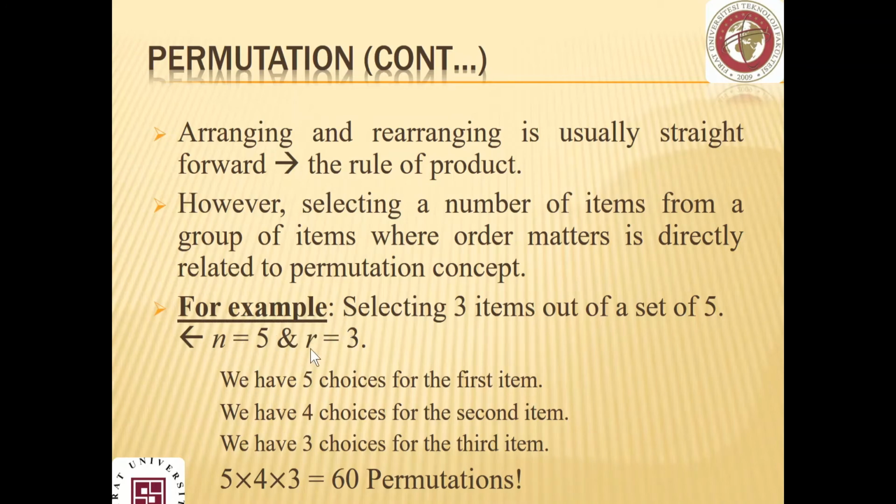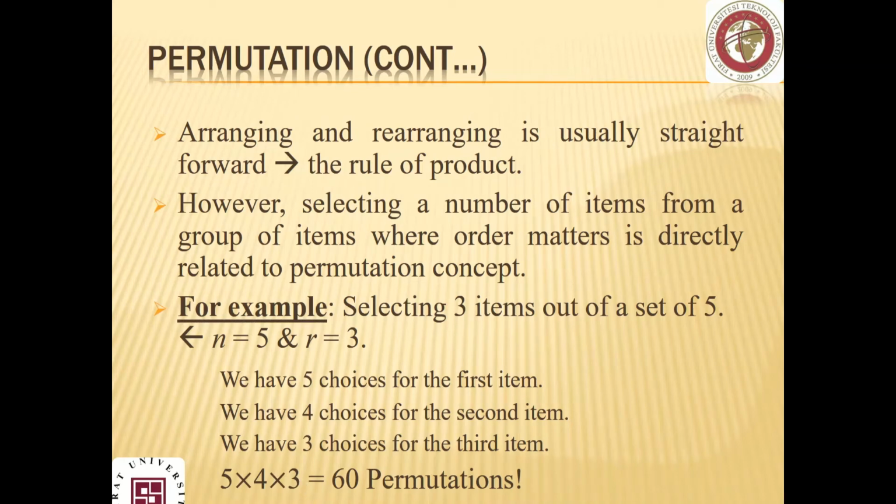In this case, if we are selecting 3 out of 5, we have 5 choices for the first item, then 4 choices for the second item, 3 choices for the third item, and that makes it 5 times 4 times 3. And this one has a specific rule. We will study it in a while. It has also its own derivation. I don't usually ask about the derivations in the exam.